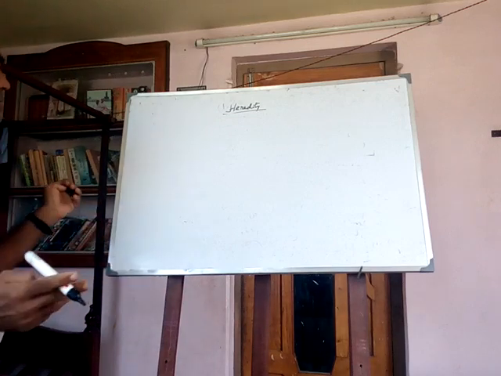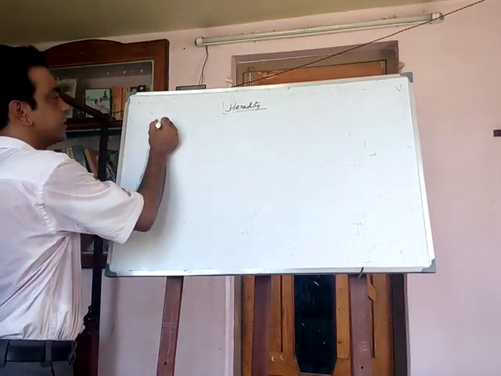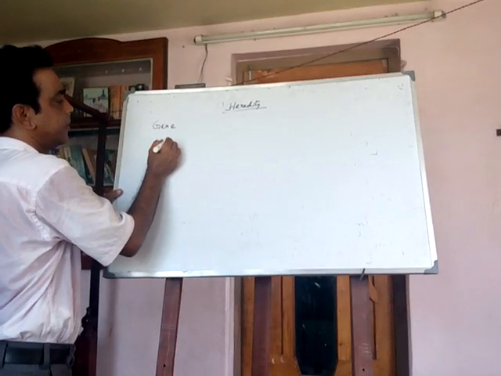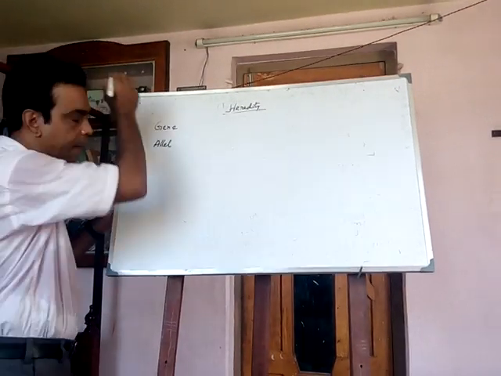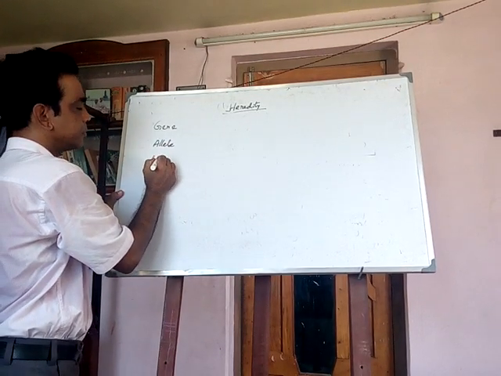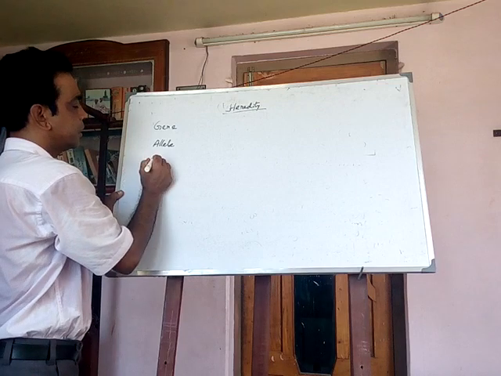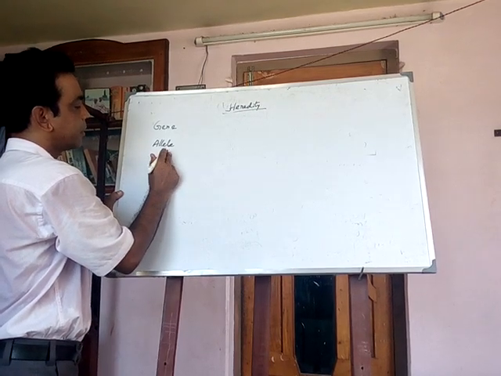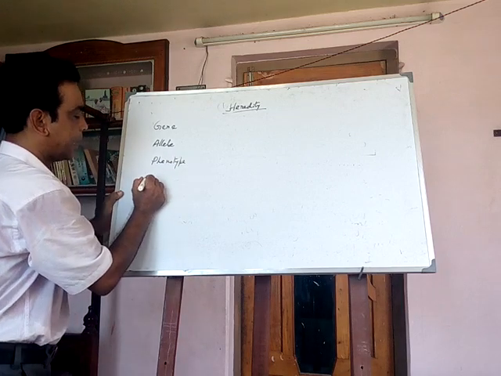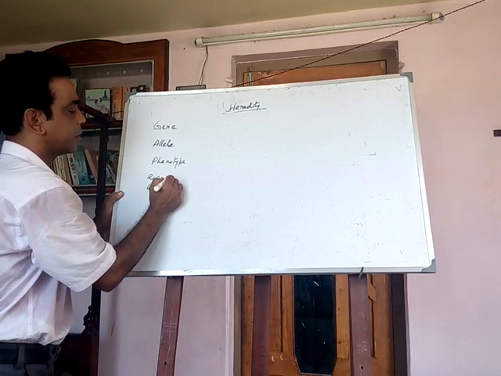What are these? That is gene, allele, phenotype and genotype.